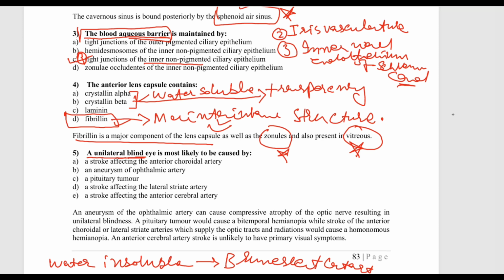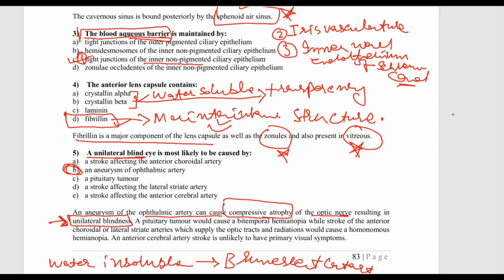So the correct option here is the second, because an aneurysm of the ophthalmic artery causes compressive atrophy of the optic nerve. So it results in unilateral blindness. Very important, okay?